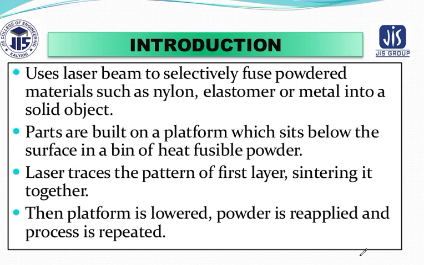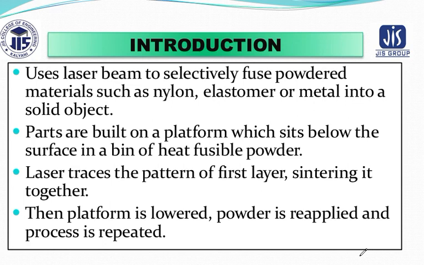One is a powder feed cylinder, which is raised incrementally to supply powder to the part build cylinder through a roller mechanism. The other is the part building chamber, which is lowered incrementally to where the sintered part is going to be formed.